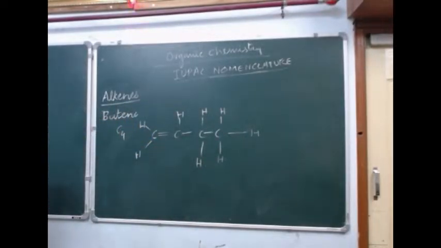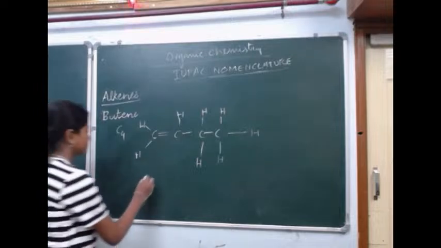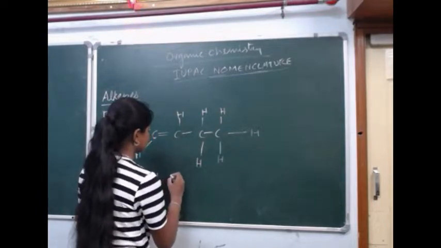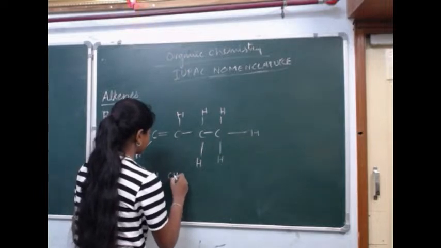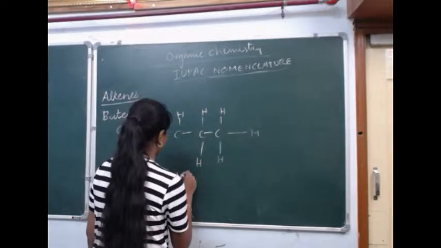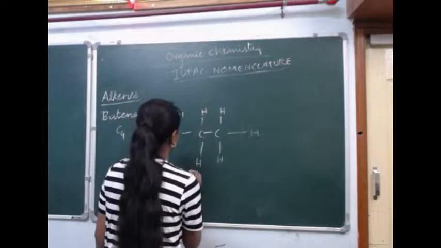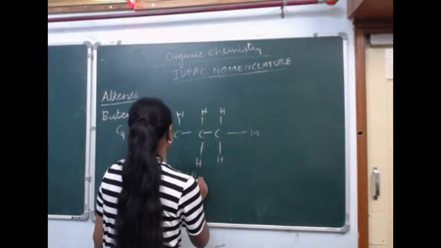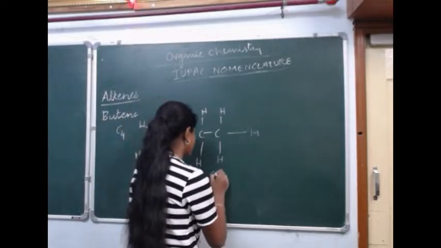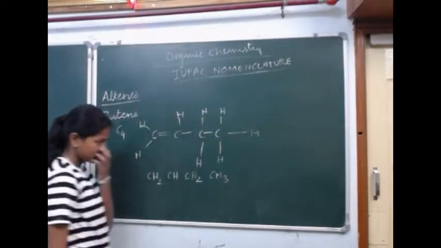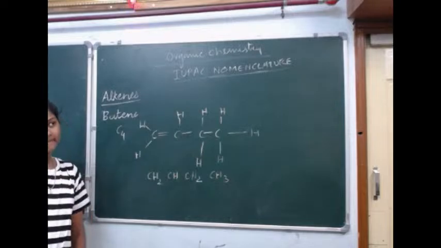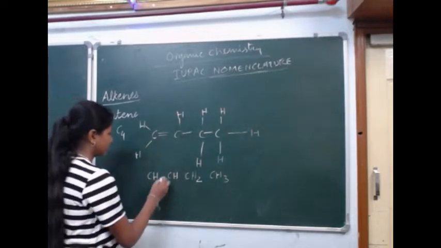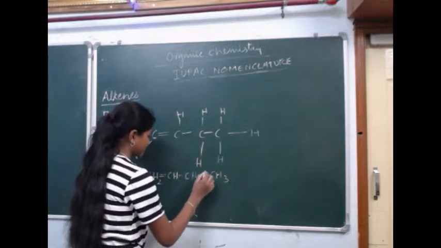How can you write this simply? CH2, put bond, double bond, CH2, then single bond, that's all.